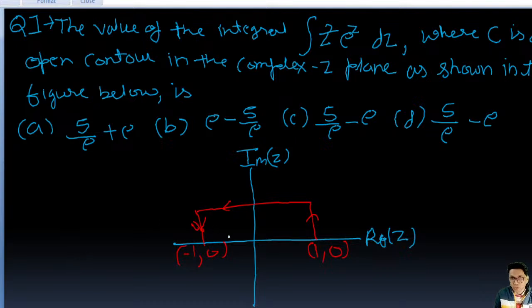So we can take this line as well as a closed contour, but we need to find the value of this contour C. So we need to find the integration of z square e to the power z.